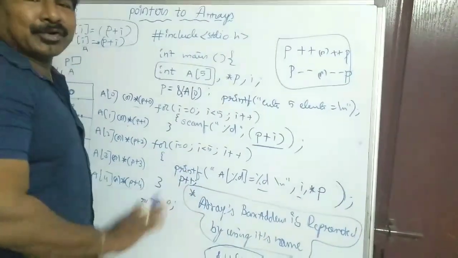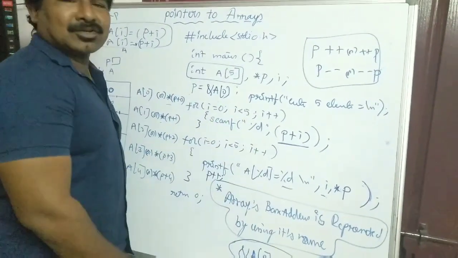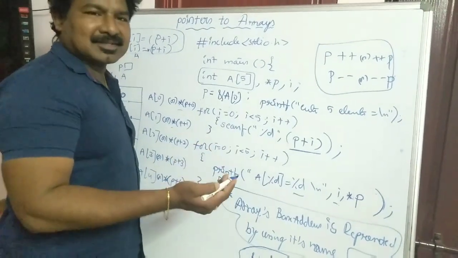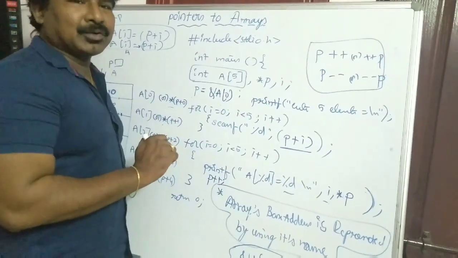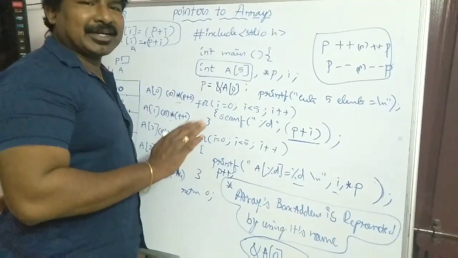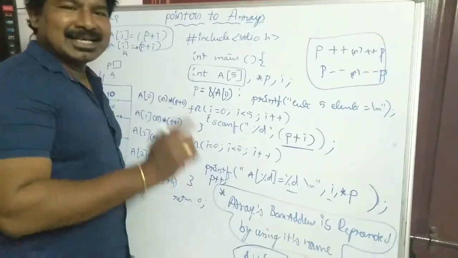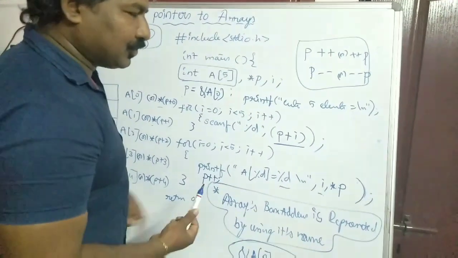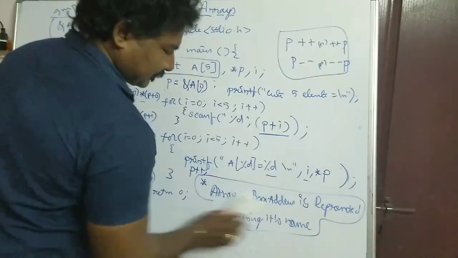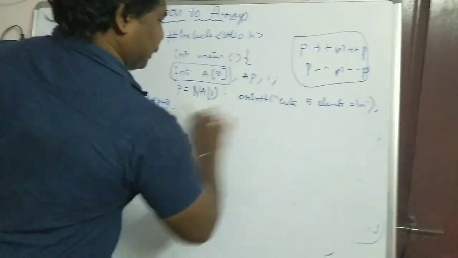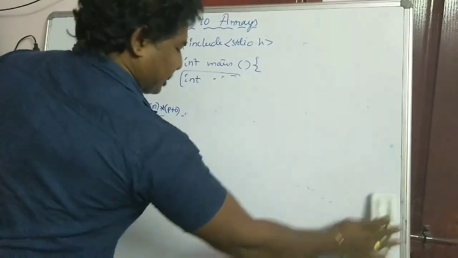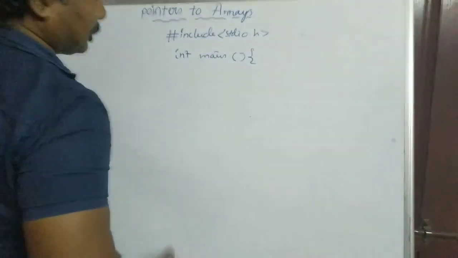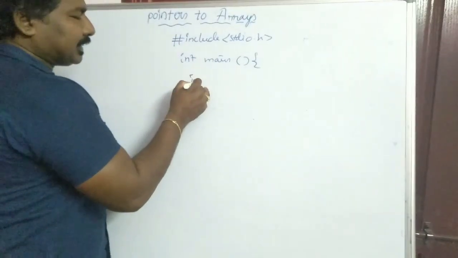Okay friends. The next concept I am discussing is, we can subtract the 2 pointers. I have already told you that we can subtract 2 pointers provided that both the pointers point to the same array. Okay friends, I will show you a small example for this. I am taking an array int a with the size of 5.